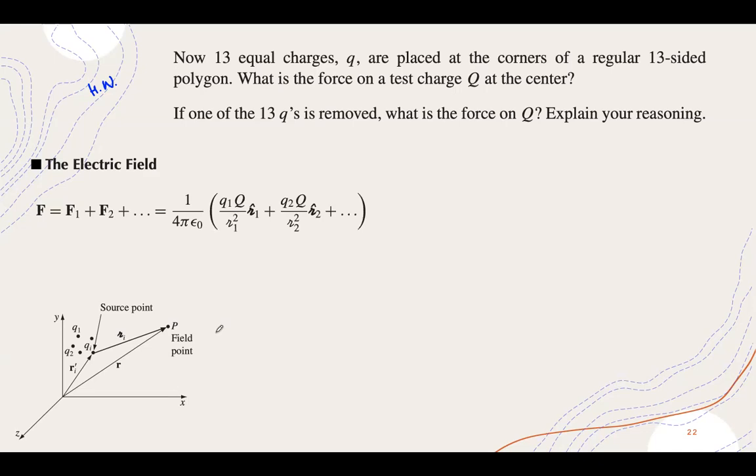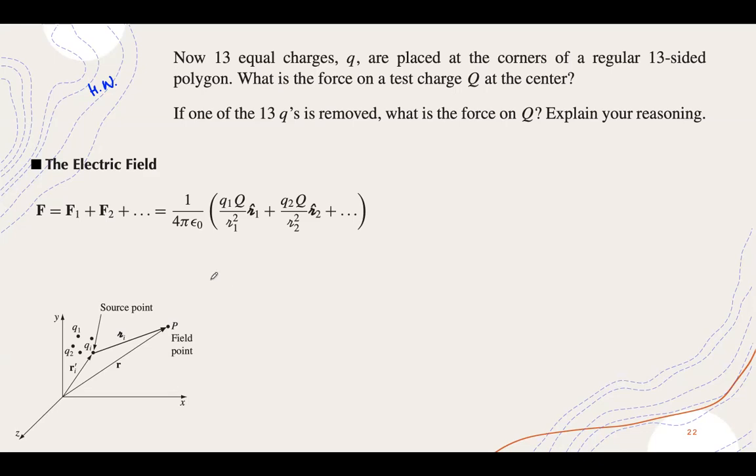To do that, we know the superposition principle tells us that we can add all the forces vectorially at some point. Let's suppose there is a test charge here. It is just a supposition. Then we have to use the superposition principle.